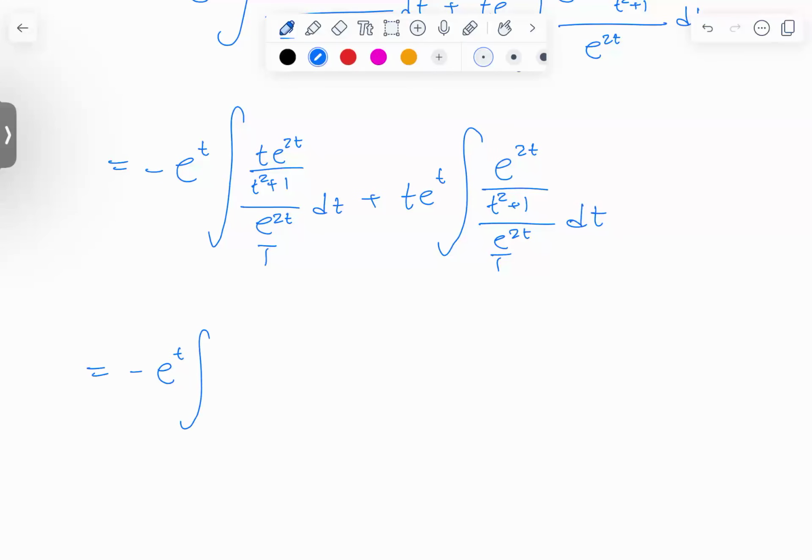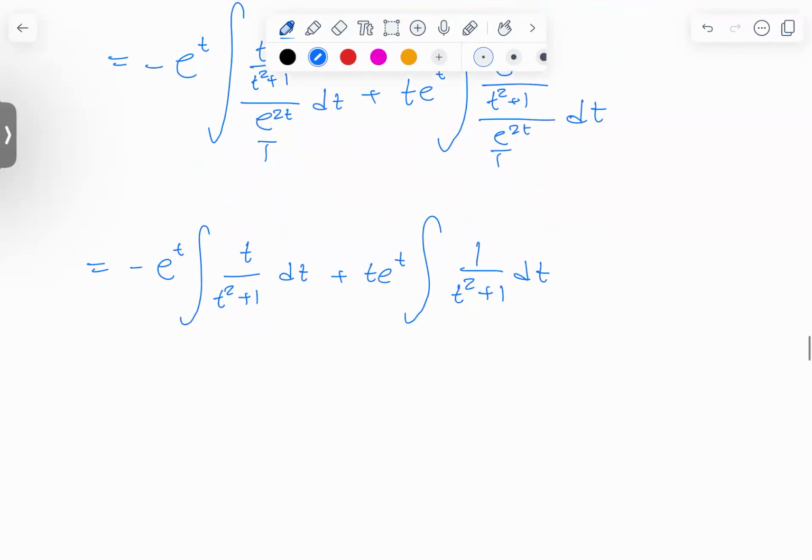Hold up. That goes away, this becomes t all over t squared plus one dt plus t e to the t. That goes away, this becomes one all over t squared plus one dt. So again, it actually simplifies pretty nicely.